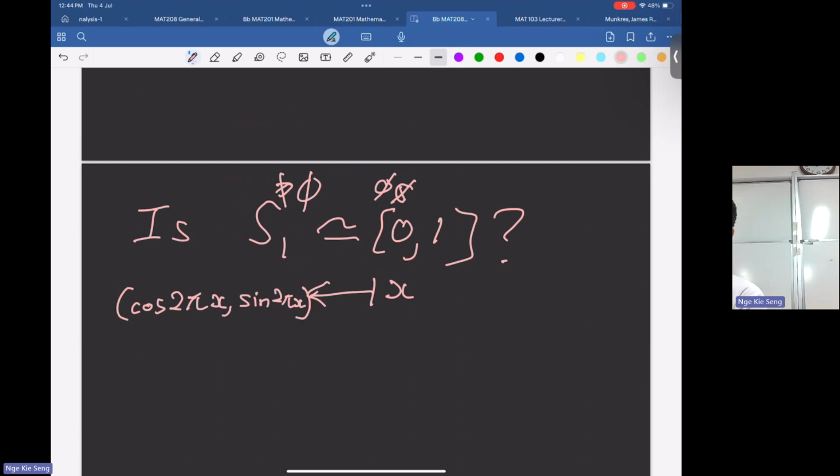Any chance to get them homeomorphic? Seems like not, but I cannot say it off the top of my head now. Any idea?